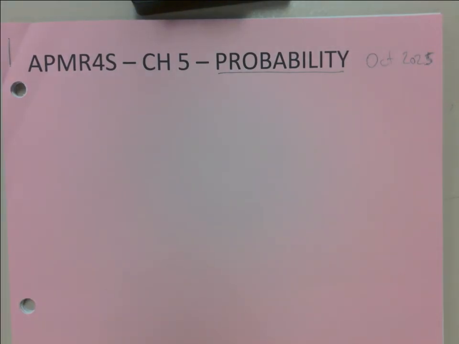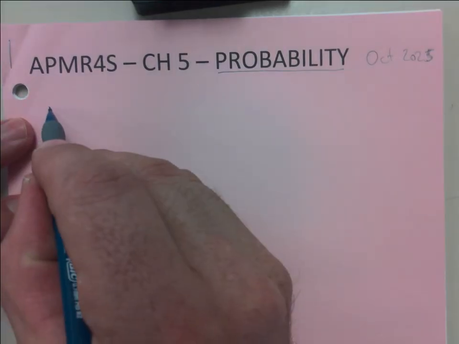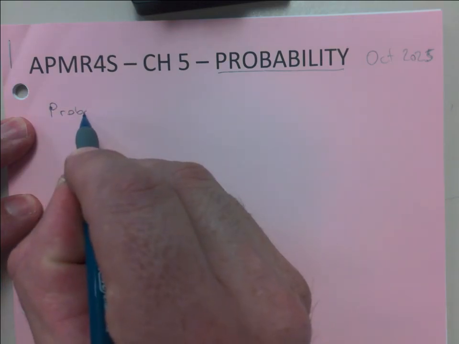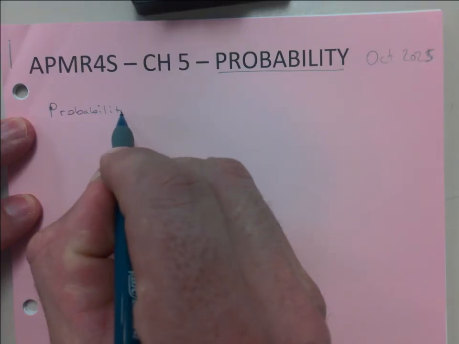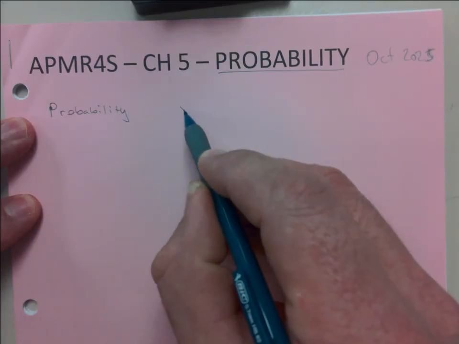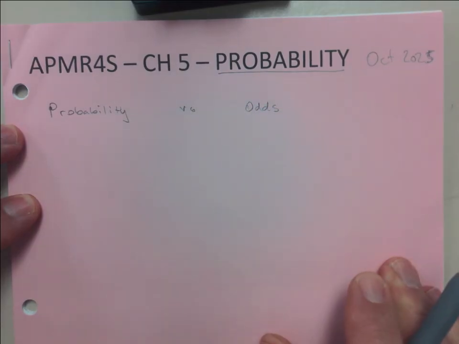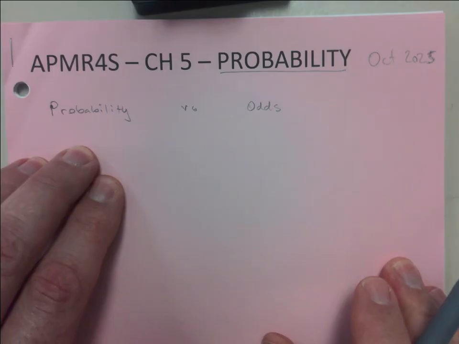So permutations and combinations are going to come with us, except now we will deal with probabilities. Probability versus odds is one thing that we will review in a bit.